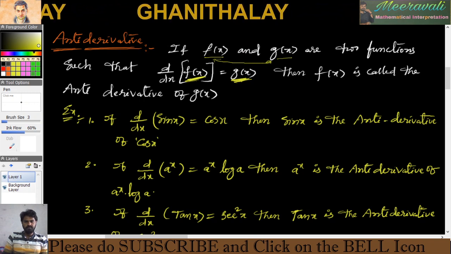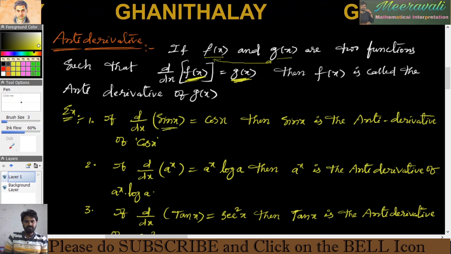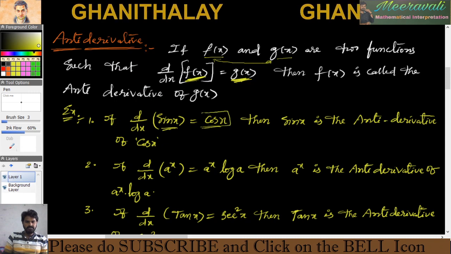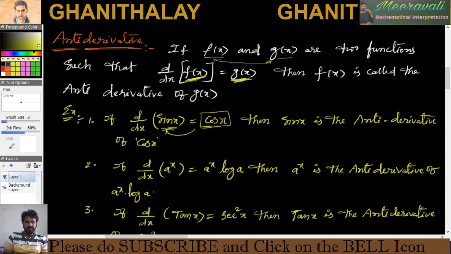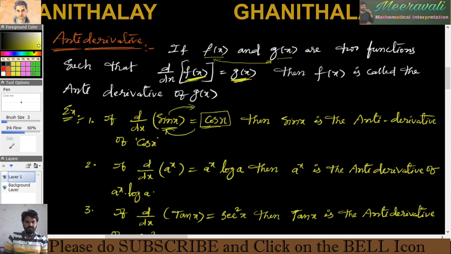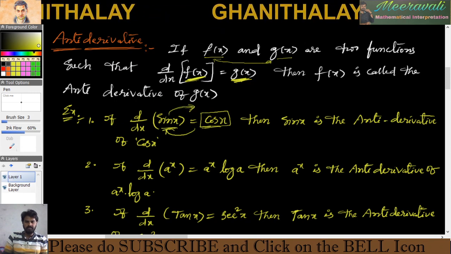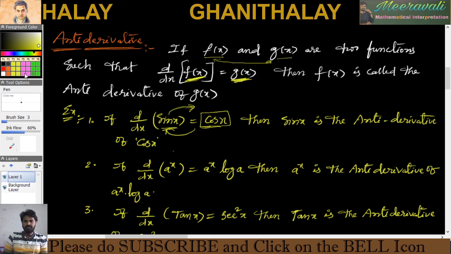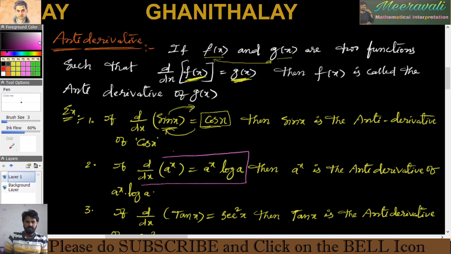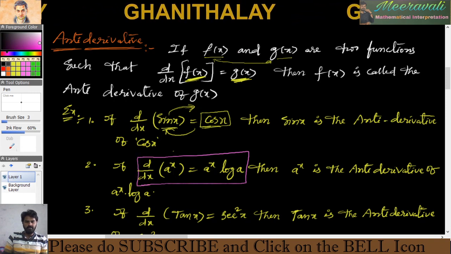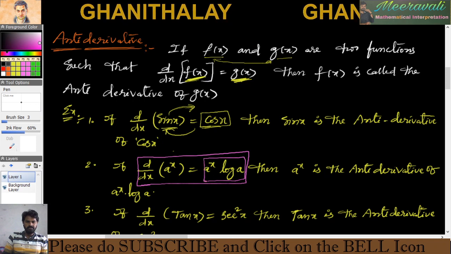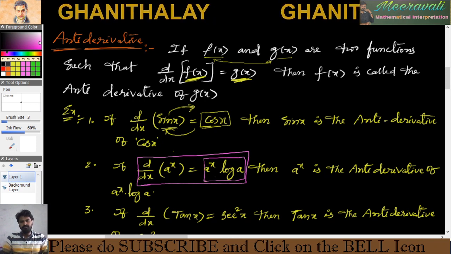Some examples, we know that derivative of sin x is equal to cos x. Here cos x is obtained by derivative of sin x. Then how to get the sin x from this one? Here sin x is obtained by antiderivative of cos x. In the same process, derivative of a power x is equal to a power x into log a. We know that one. Here a power x into log a is obtained by differentiating a power x.